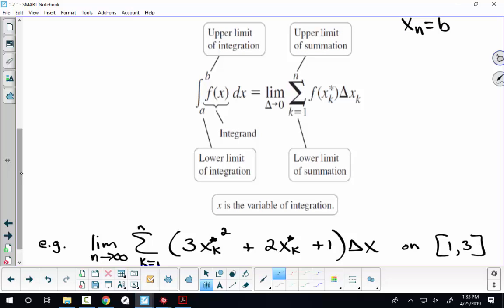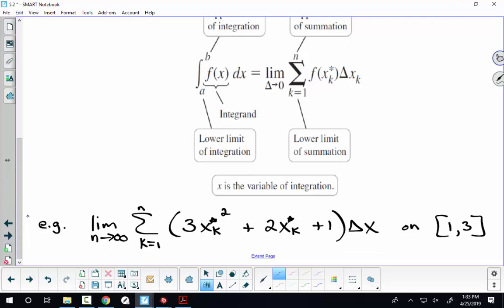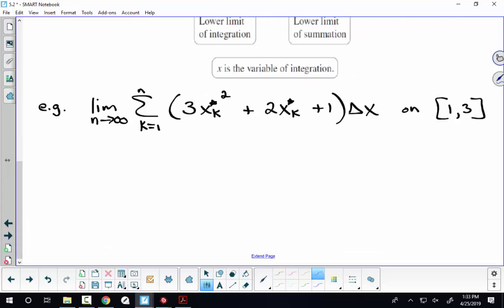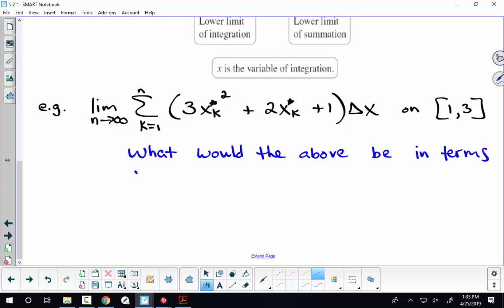So for example, if we had the following Riemann sum, the limit as n goes to infinity of the sum from 1 to n of 3 x star sub k squared plus 2 x star sub k plus 1 times delta x, on the interval 1, 3, what would this look like in terms of an integral?